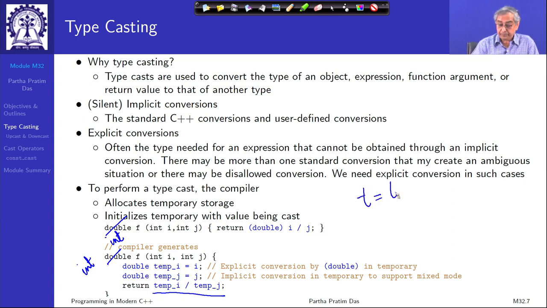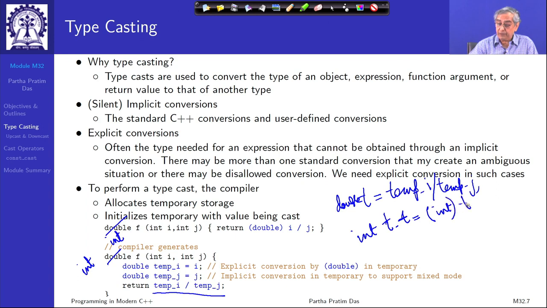Possibly, double t gets temp I divided by temp j, then it has to do an int tt, which has to take the value of t, internally explicitly cast it to an integer, but to you it will look like implicit, because it has to give you back the int.